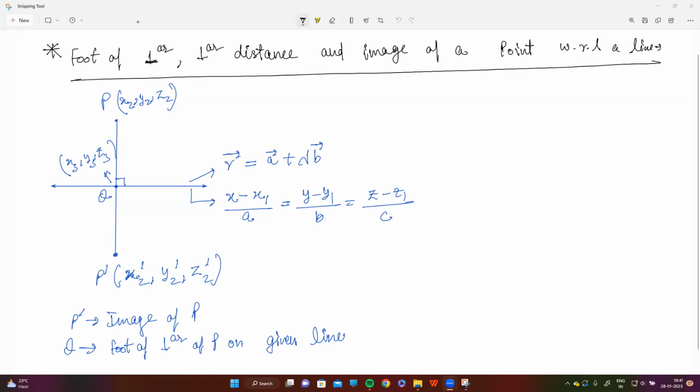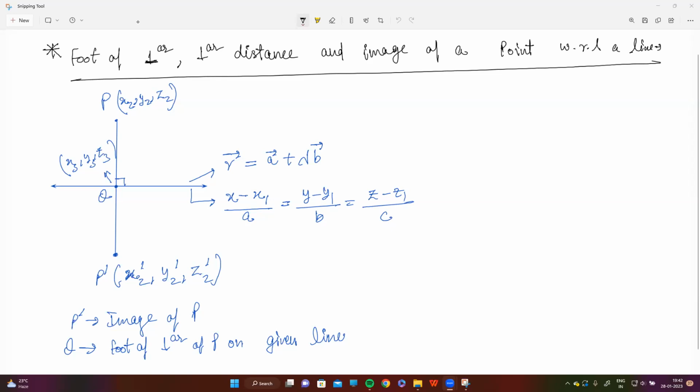Now to find P dash, we must find Q. You can find Q easily, and after finding Q, you can easily find P dash, because Q will be the midpoint of P and P dash. It's a plane mirror.